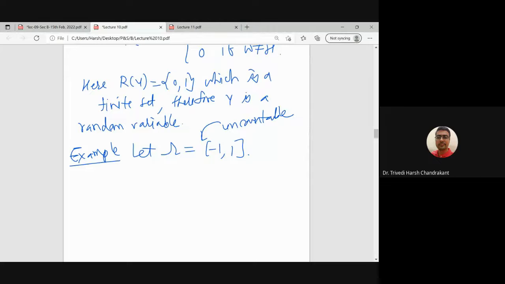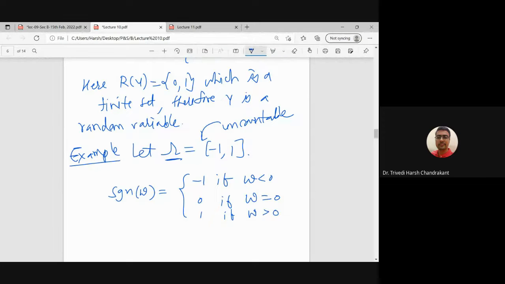Here the input we usually write by w. So sine of w, for any element of the closed interval -1 to 1, is -1 if it is a negative number, 0 if it is 0, and 1 if it is a positive number.